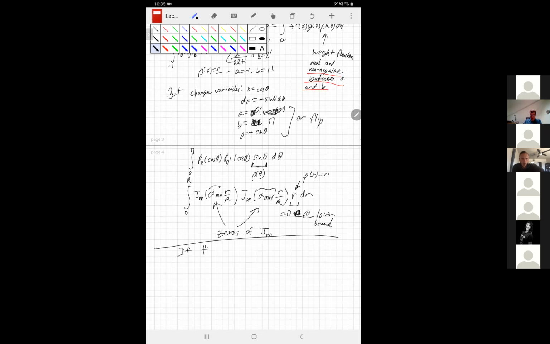Okay, if functions are vectors, vectors have lengths, so do functions. And they often denote the length of a function with two of these absolute value signs.